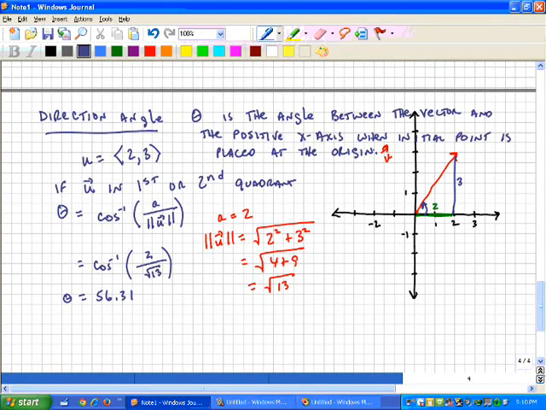That is how you find theta if the vector is in the first or second quadrant when the initial point is placed at the origin.